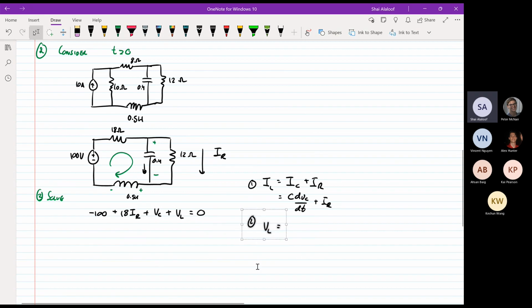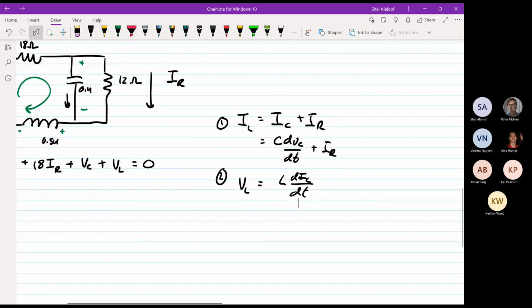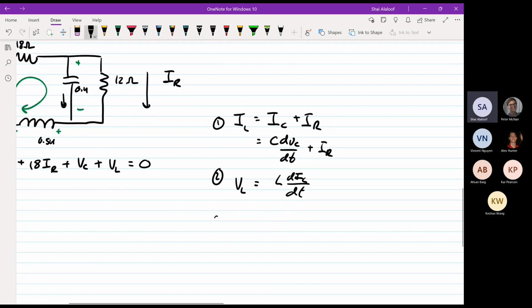So I'm going to do the voltage through the inductor, which is L di/dt, so L dIL over dt. And one last one, which is just VC is equal to 12 IR, remember?